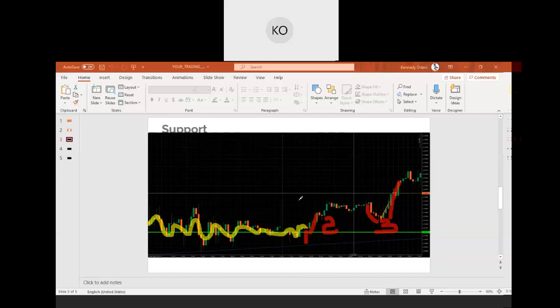And when you master how to mark the support zone and the resistance zones and the trend lines, then half your work is done. The rest will just be clicking and placing the orders. All right. So that is support.